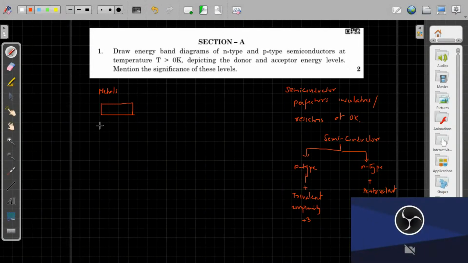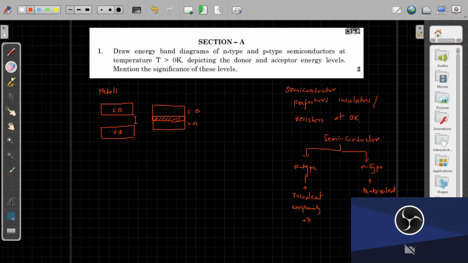In case of metals, either they are separated by a very small distance, or sometimes they overlap. The top band is called the conduction band, and the one below is called the valence band. The conduction band and valence band overlap. So this is the case of metal.